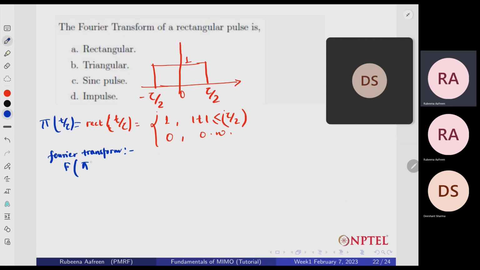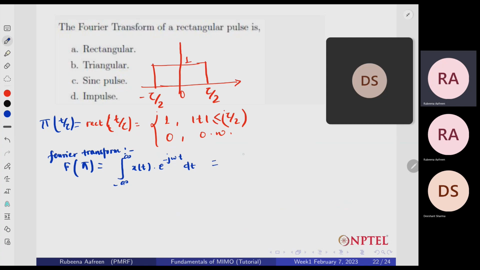So the Fourier transform of phi would be equal to the integration from minus infinity to infinity of x of t e to the power minus j omega t dt.